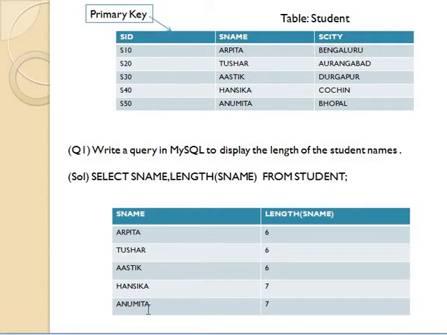As a result, when we select SNAME, LENGTH(SNAME) from the table student, the output shows two columns, SNAME and LENGTH(SNAME), showing the list of student names and the lengths of those names.